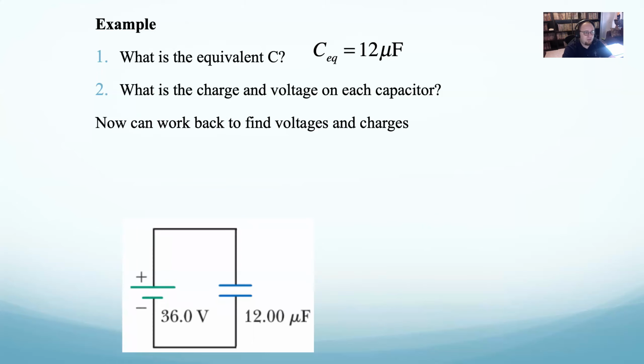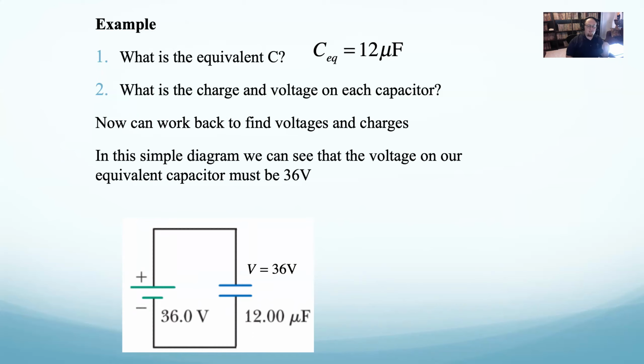And what I'll do is I'll start by saying, what's the voltage and charge on that one capacitor, this equivalent capacitor? Because if this was the case, if that's all we had, I could say, hey, look, one capacitor hooked up. Well, that capacitor must have 36 volts on it. Because that's all it is. But really, that isn't one capacitor.